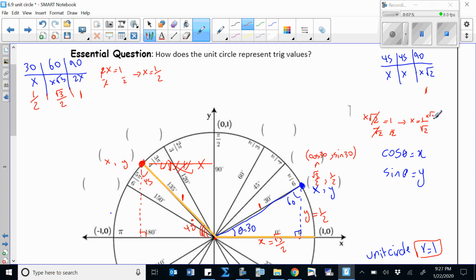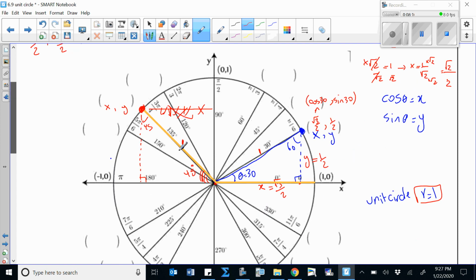So we multiply by radical 2. So the top is radical 2, bottom is radical 2 times radical 2 is 2. So the other two sides will be radical 2 over 2 and the same for the other one. Now these two sides are root 2 over 2 and root 2 over 2.